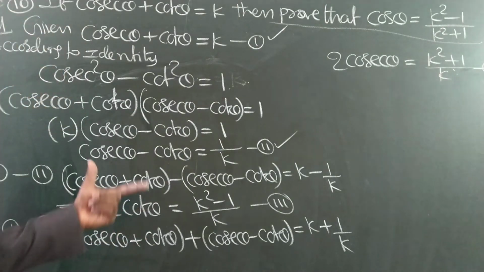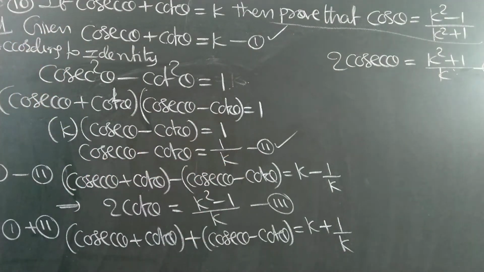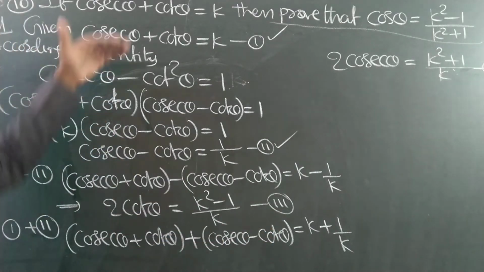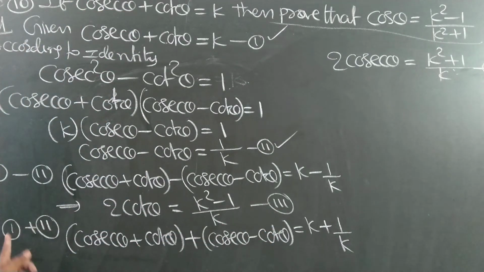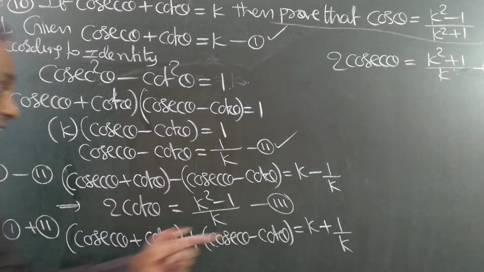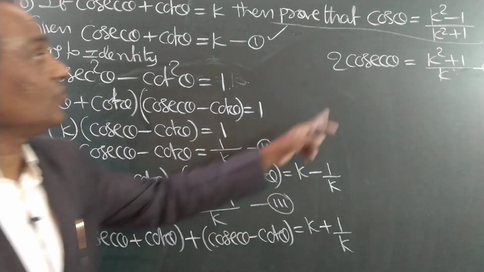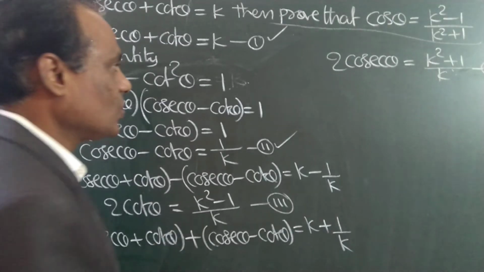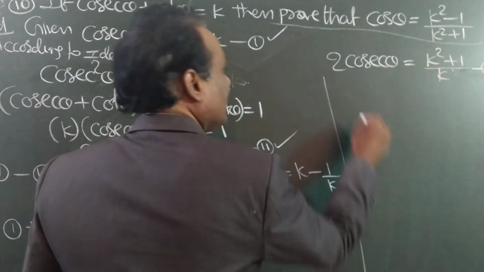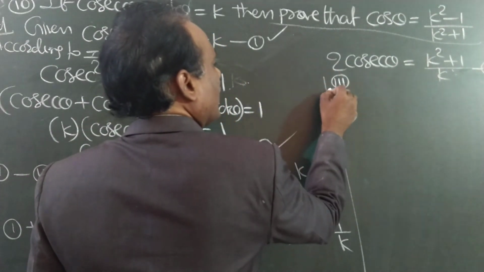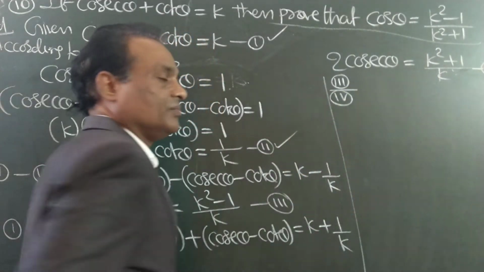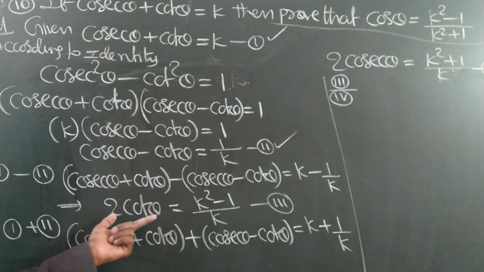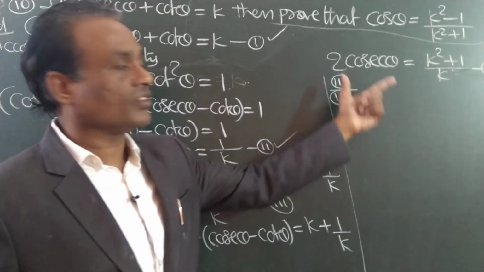So like that we prepared the second equation. By subtracting we got the third, adding we got the fourth. Now one more idea: divide the third equation by the fourth equation.